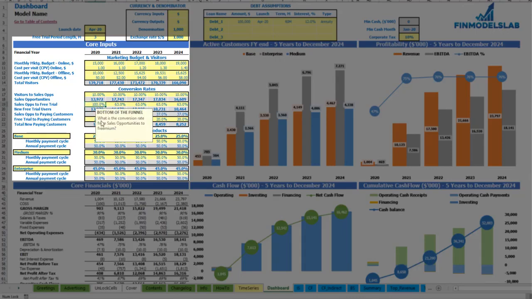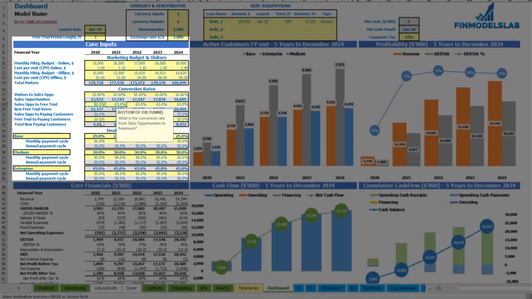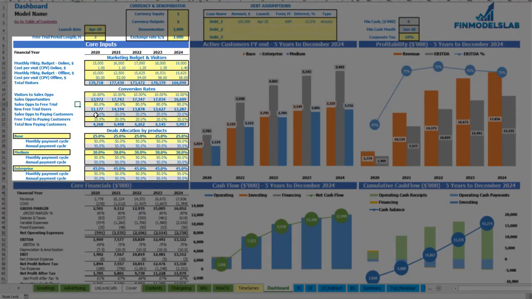Let's pretend 80% will go to free trial first of all, and the other 20% will go to paying customers after sales opportunities. So you have 11,000 new free trials, and the other part, which is 2.8 thousand, will go to new paying customers directly.